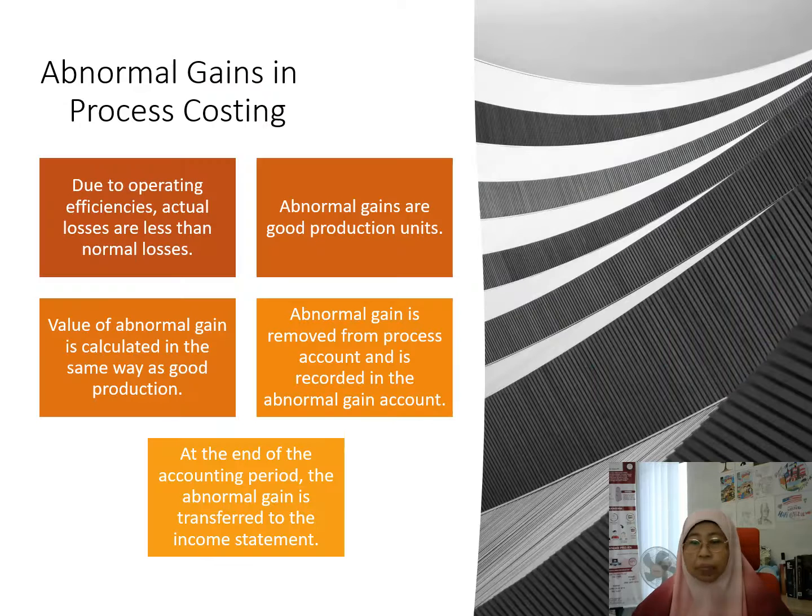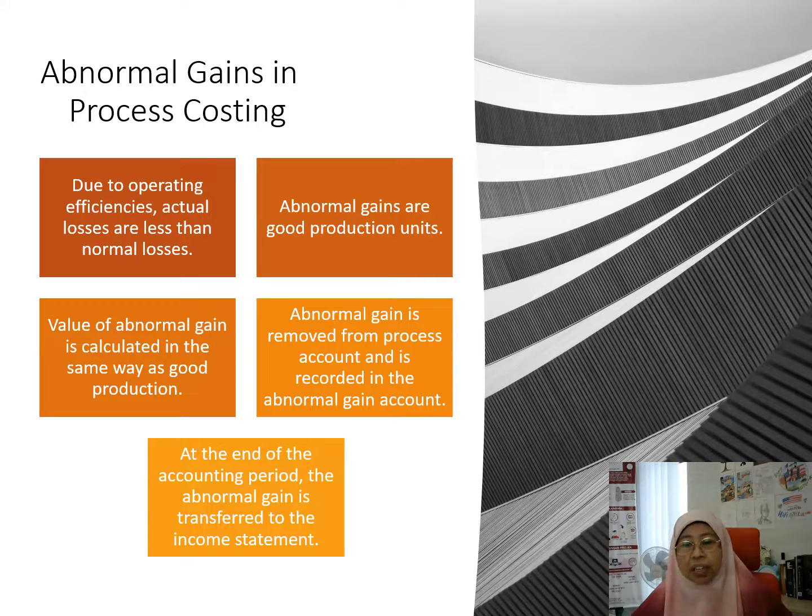All right, sometimes the business, the manufacturer, in process costing may have abnormal gains. This is due to operating efficiencies, where the actual losses are less than the normal losses. If this happens, these abnormal gains are treated as good production units, and the value of abnormal gain is calculated in the same way as good production.